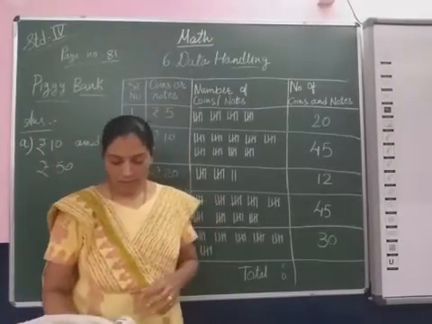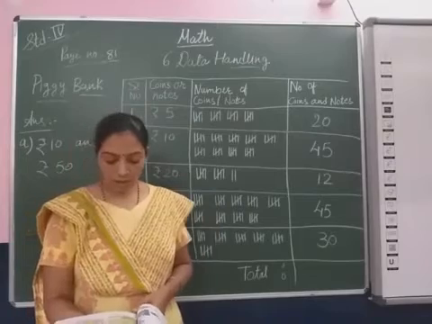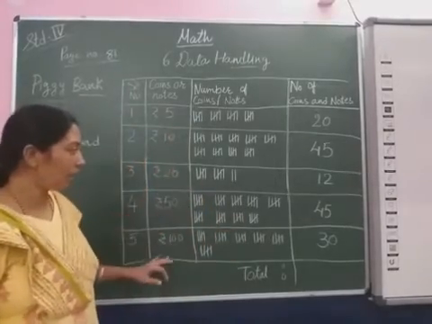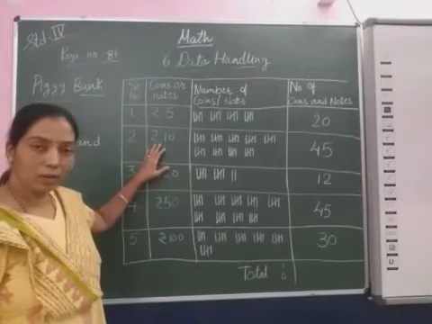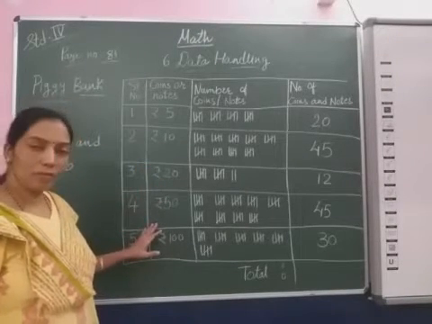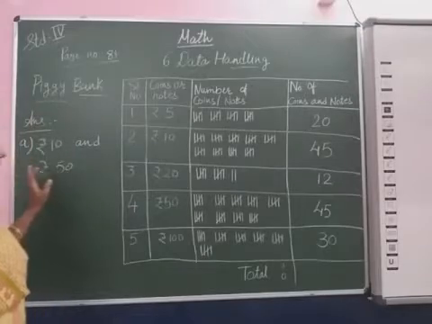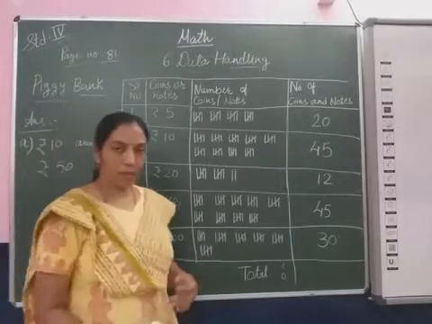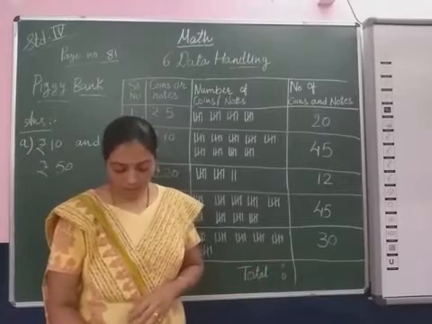Again I read the question: which coin or note is highest in number in his piggy bank? So rupees 10 note and rupees 50 note are highest in his piggy bank, the number of notes highest in his piggy bank.